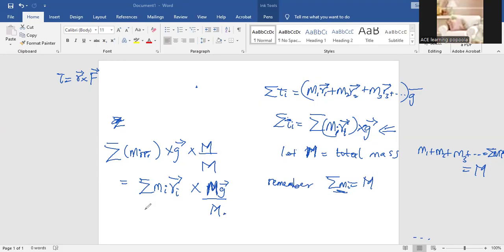So this equation becomes summation mi ri times capital M g, over summation mi, which is now our tau.